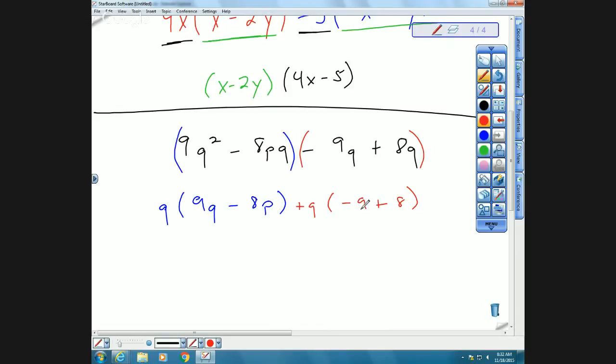Take out the negative. It's the same. Negative, and you distribute it.